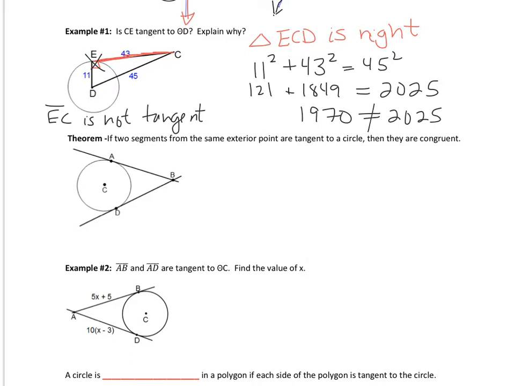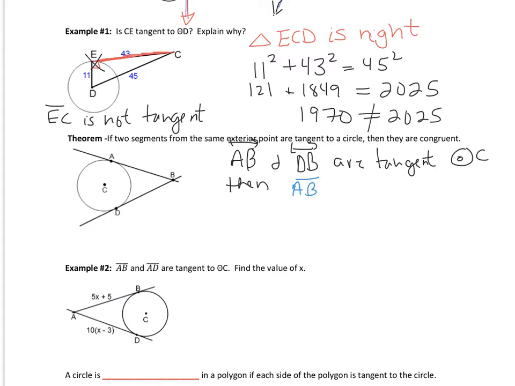So in this case, if line AB and line DB are tangent to circle C, then because they meet at this exterior point B, we can simply say segment AB, which goes from the point of tangency to the exterior point, is congruent to DB.